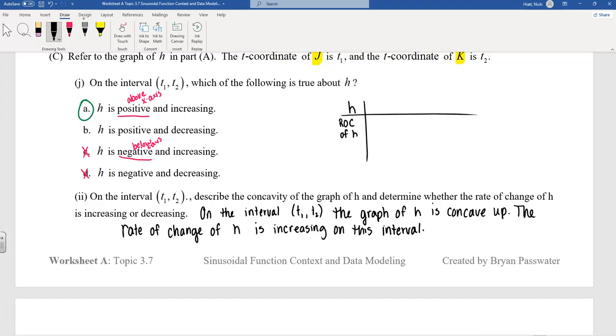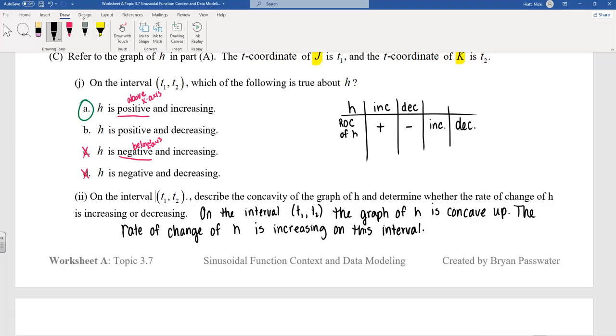And we said if h is increasing, then the rate of change of h is positive. And if h is decreasing, the rate of change of h is negative. But are they asking us if the rate of change of h is positive or negative? They are not. What they want to know is if rate of change of h is increasing or decreasing. And that's going to tell us concavity.